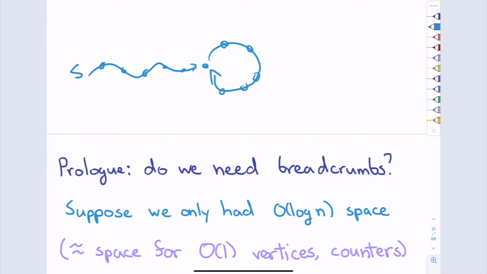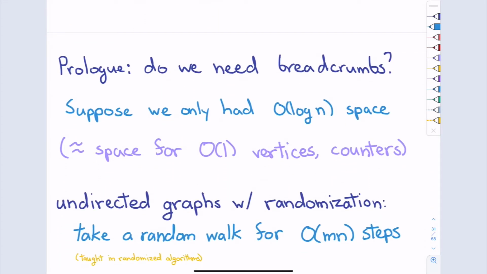Okay. So let me briefly go over what you can do. How to prove it is a different matter. If you're allowed to use randomization, this is an amazing algorithm. If you're allowed to use randomization, then a random walk will work. So I want to find out if I can get from S to T. I start at S, I pick a random neighbor, and I just go there.